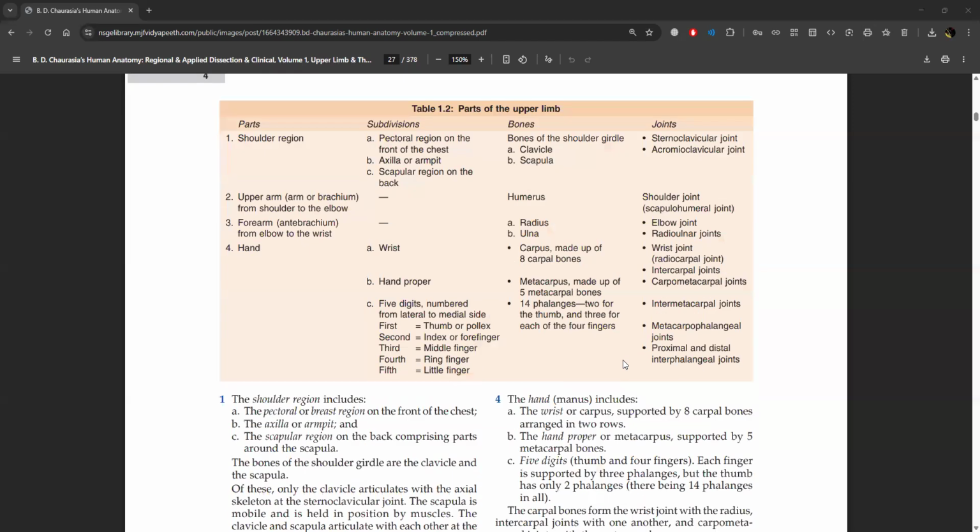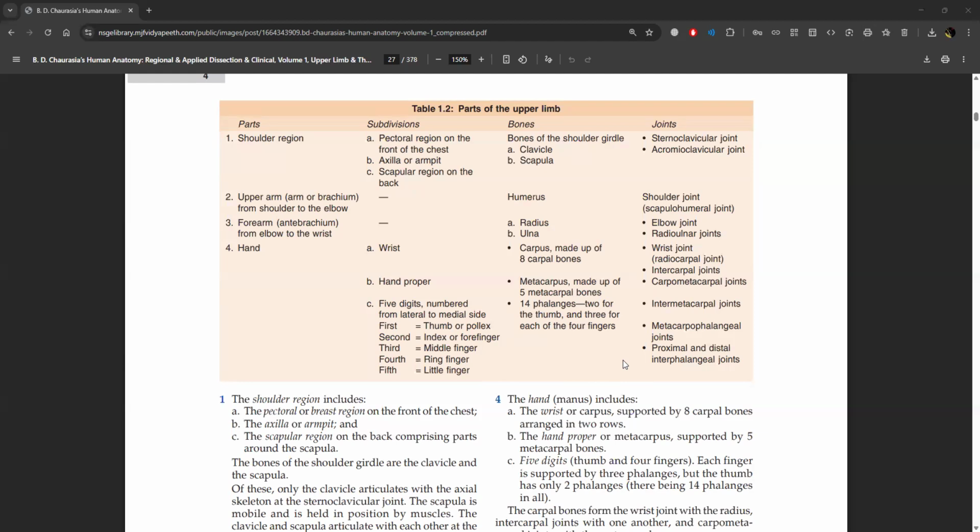Table 1.2, Parts of the upper limb. Parts, subdivisions, bones, joints. Shoulder region: pectoral region on the front of the chest, axilla or armpit, scapular region on the back. Bones of the shoulder girdle: clavicle, scapula.